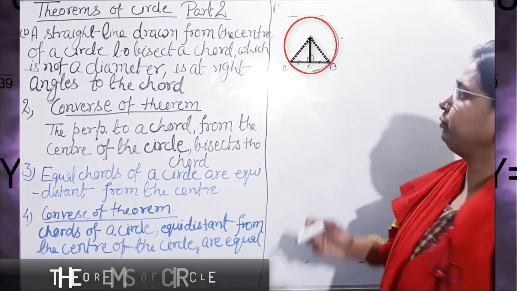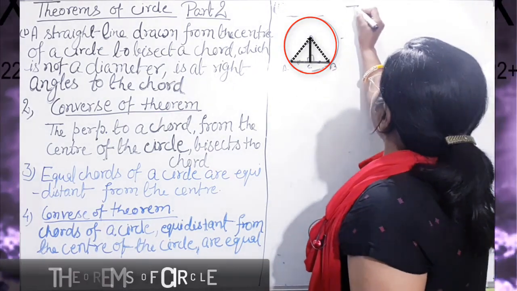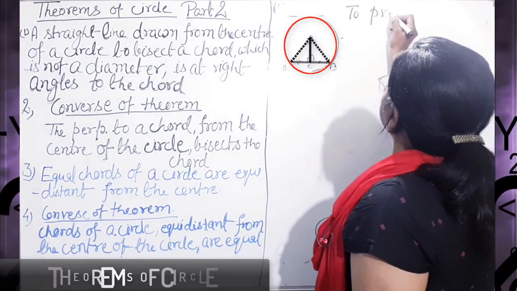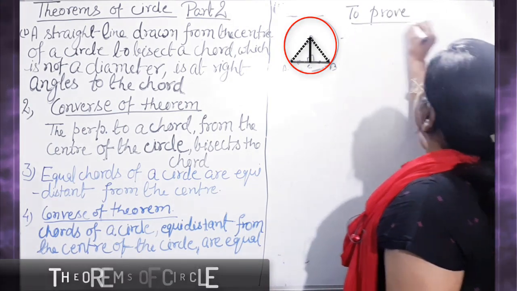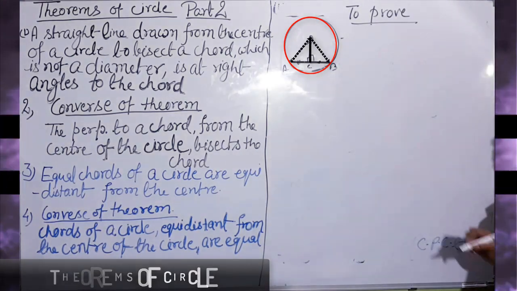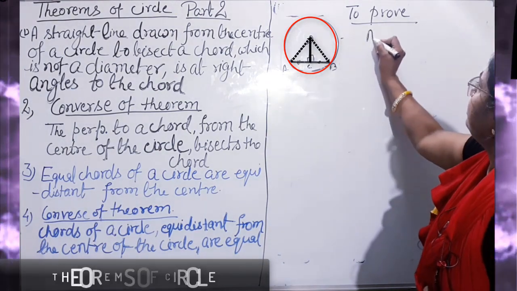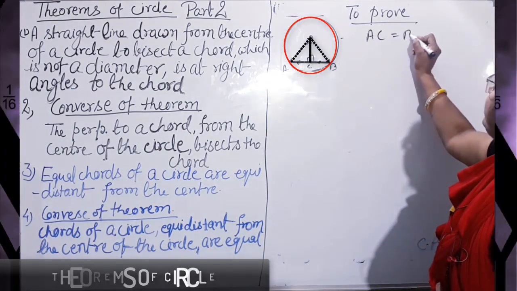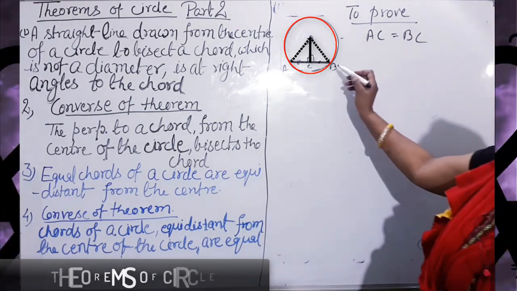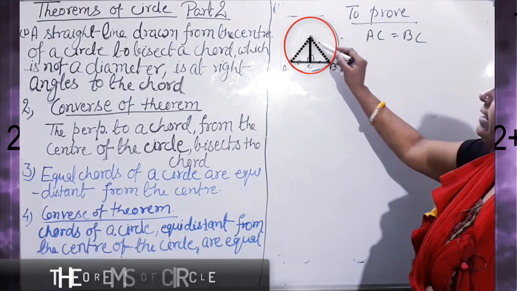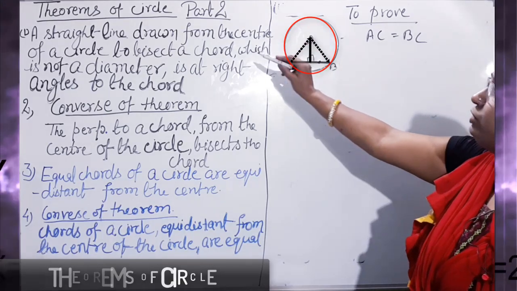In the converse of the theorem, we have to prove AC is equal to BC. What is given? A circle with center O, as I have written in the direct theorem.